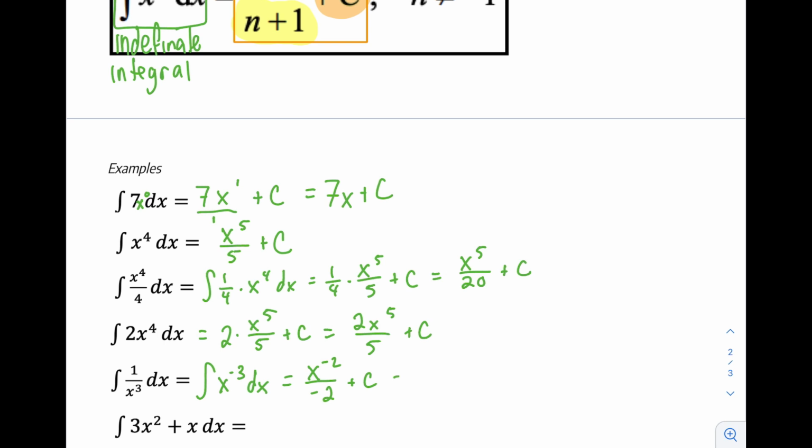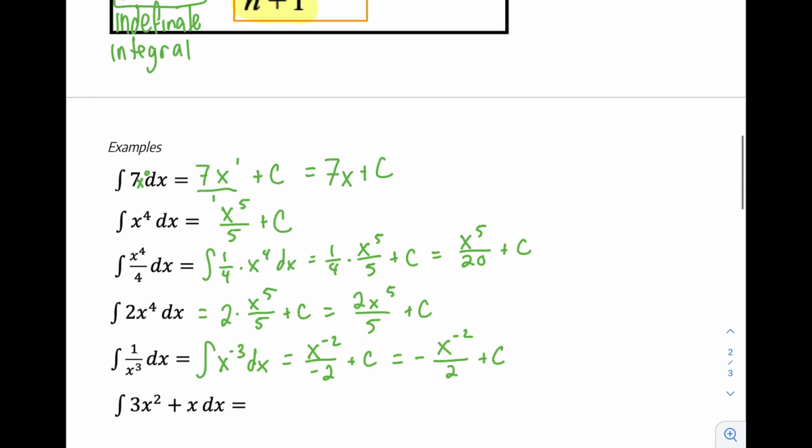You can keep it like that, or you might want to write negative x to the negative 2 over 2 plus c. And same thing for derivatives. When we have an addition or subtraction sign between two terms, we're going to treat each integral separately. So I can find individually the integral of 3x squared dx, and then I can find the integral of x dx.